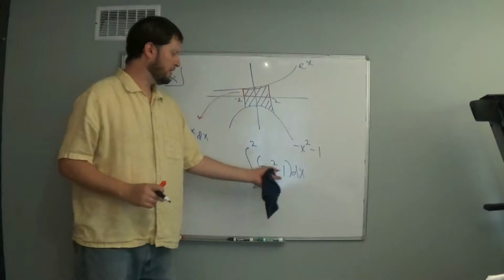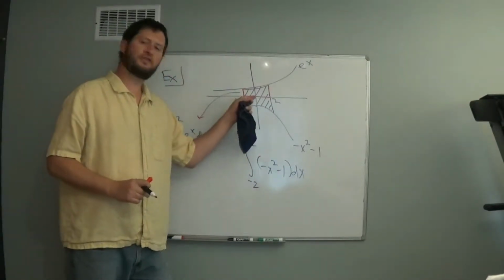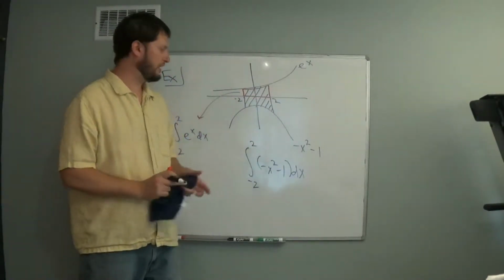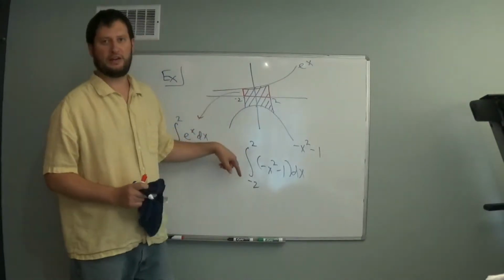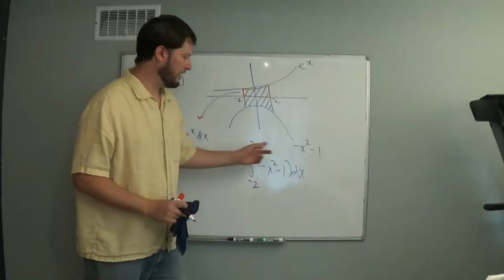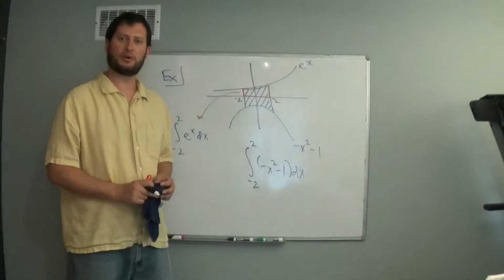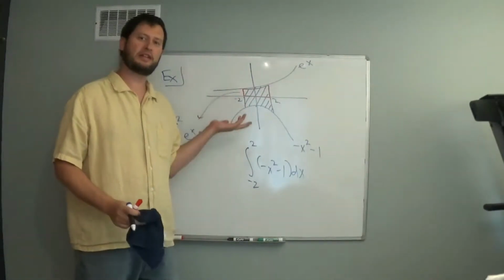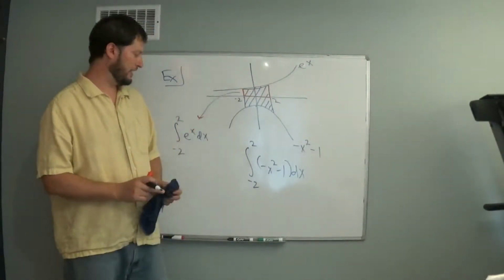Well, the issue here is that this gets me the area, but since the curve is below the x-axis, it actually gets me the negative area. This integral will evaluate to a negative number. The magnitude, how big that number is, is the area, but it is a negative number.